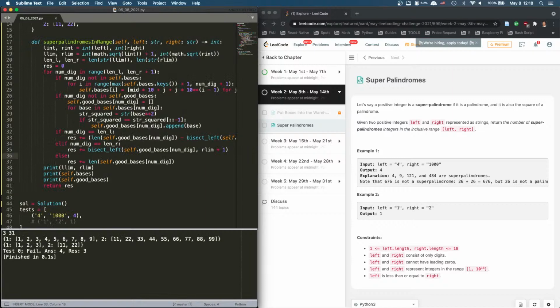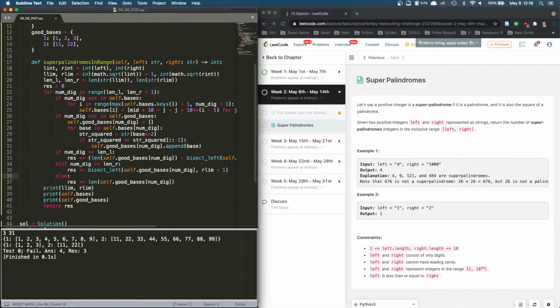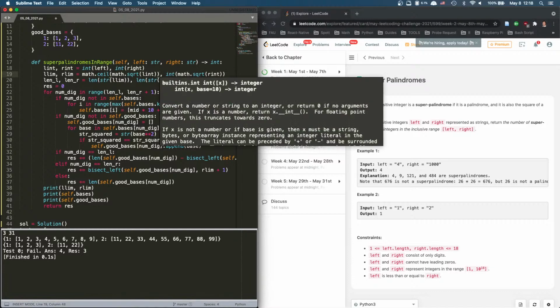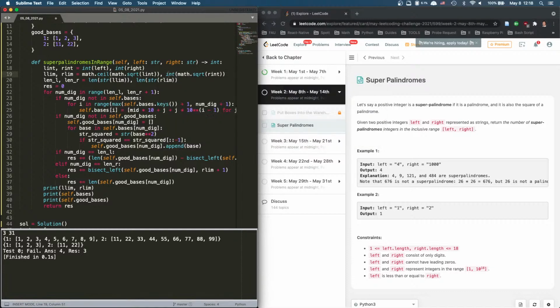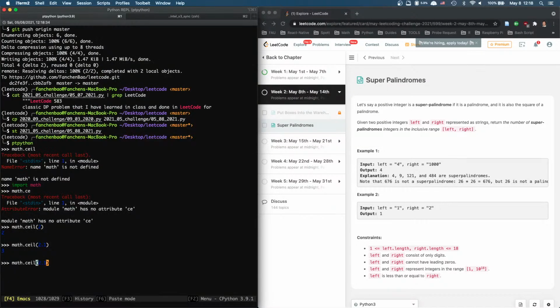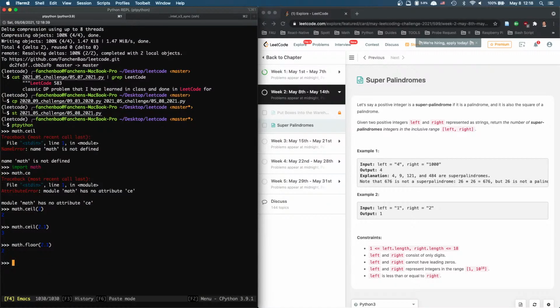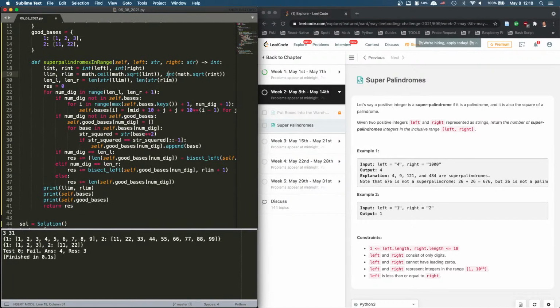So it's not int. Left limit is not int. This is going to be math dot ceiling, so I don't have to handle this. And this is going to be floor, I think. So 2.1, if we say floor, it's going to be 2. Yes, this will be math dot floor.